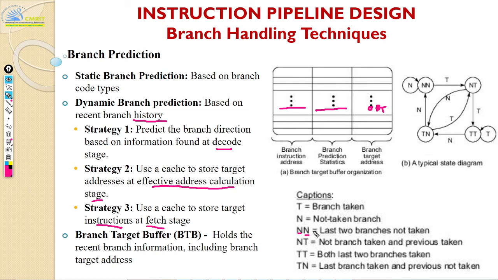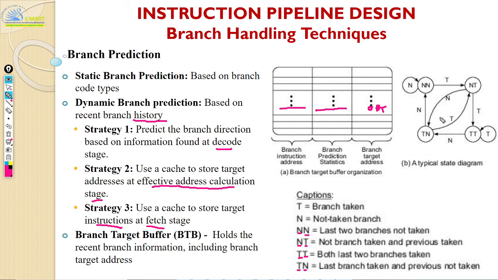The next one is last branch not taken and previous is taken, then not taken and then taken, and both are taken. This one is last one taken and the previous one is not taken. So in this state diagram you are considering the history of the last two time slots. Based on that you come up with some kind of mechanism.